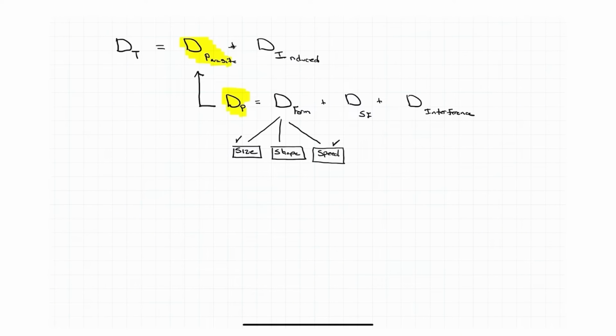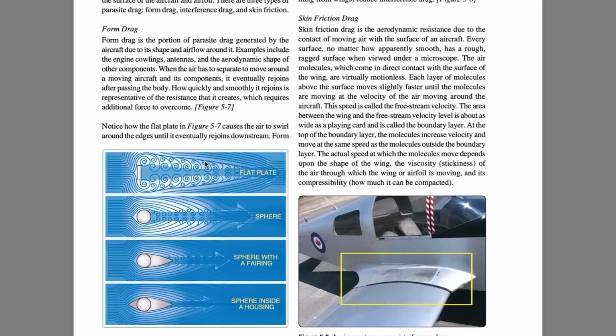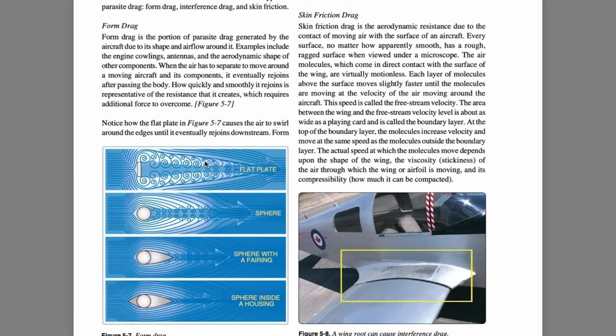So let's start off with four objects. And I'm going to turn you back to your PHAK, your Pilot's Handbook of Aeronautical Knowledge. If you go to figure 5-7, chapter 5, on the 7th illustration, you'll see where they depict a flat plate, a sphere with a fairing, and a sphere with an inside housing.